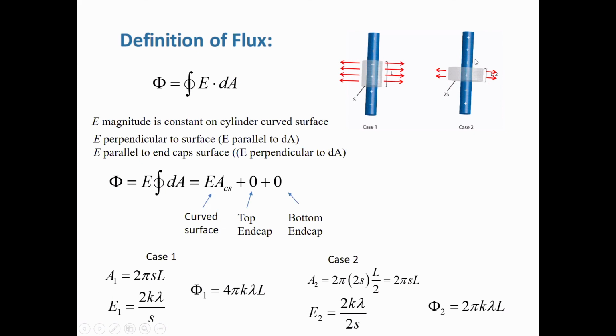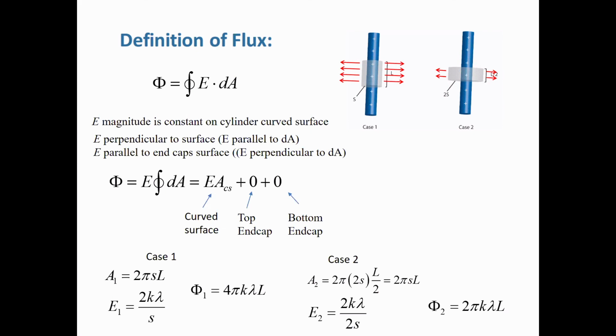Now, wouldn't it just be easier to say that case 1 has twice as much charge inside it compared to case 2? That's exactly the point of view from Gauss's law. We're actually enclosing more charge in case 1 than we are in case 2.